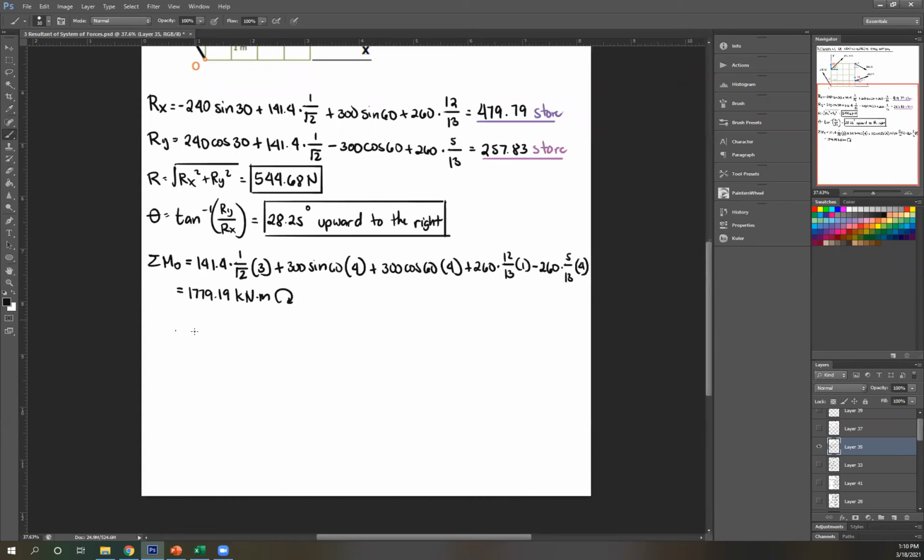So I have to draw it in a way about O that creates a clockwise moment. If I draw it here, and again this is O, the moment would be this way, which is counterclockwise. So that would be incorrect. Therefore, the correct way to draw it would be here, because rotating it about O creates a clockwise moment.